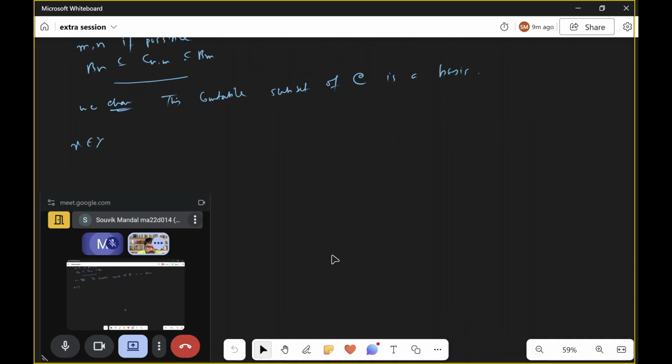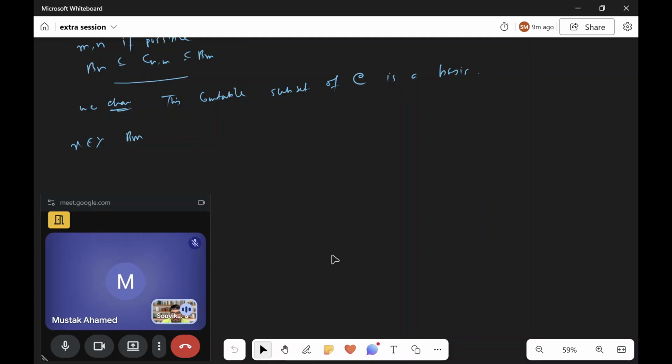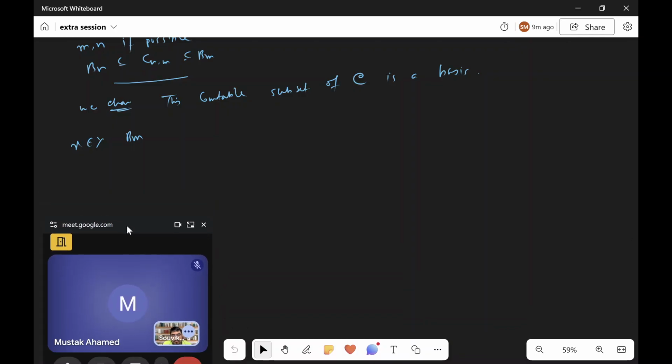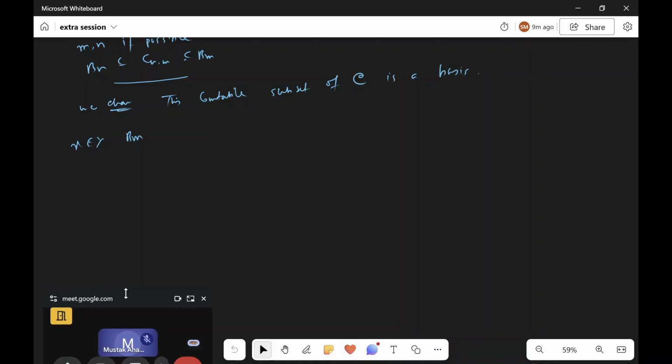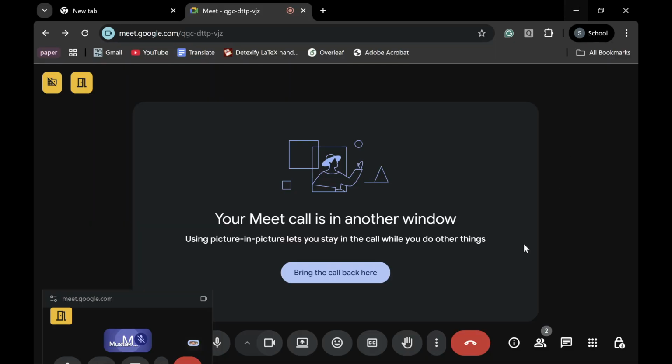And we need to find B_m, the basis element.